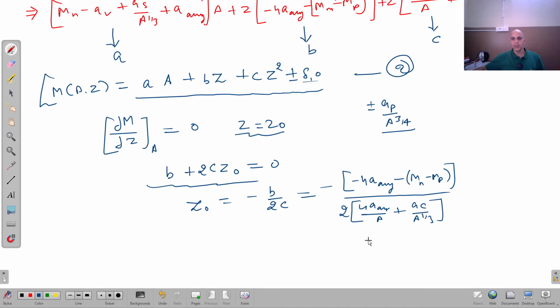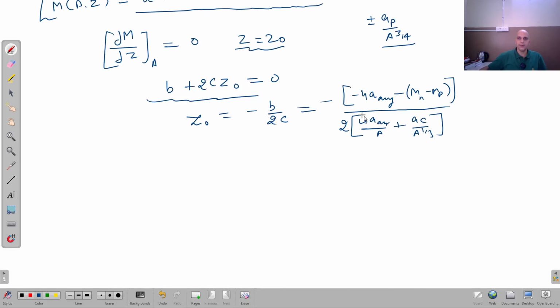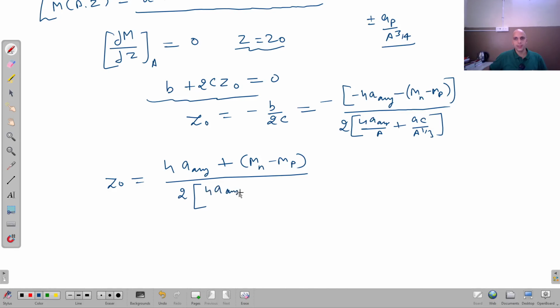Now in the next step, the negative sign will be taken inside. So I will get Z naught is equal to 4A symmetry plus mass of neutron minus mass of proton, divided by 2 times 4A symmetry upon A plus A Coulomb upon A power 1 by 3.